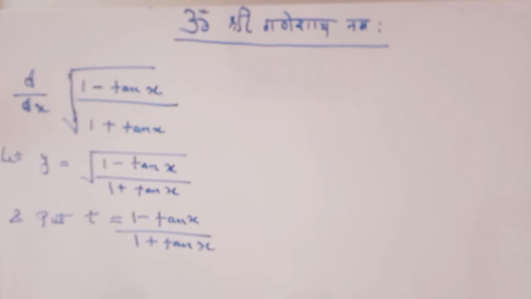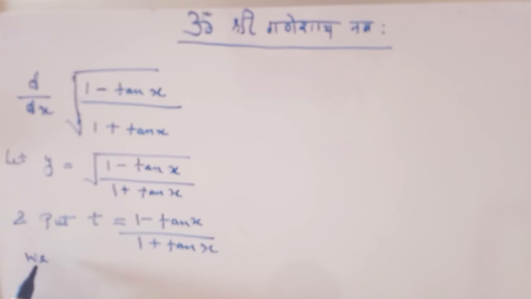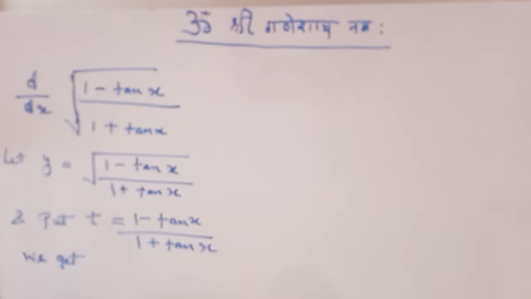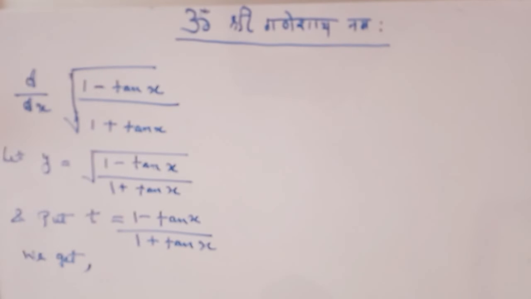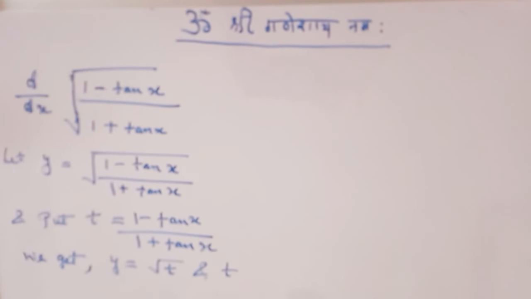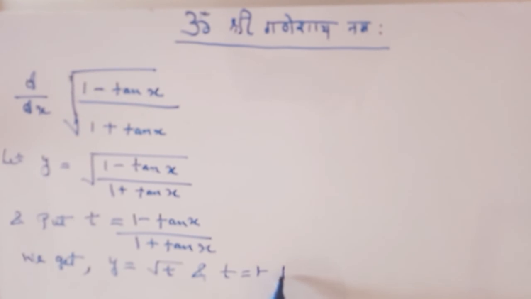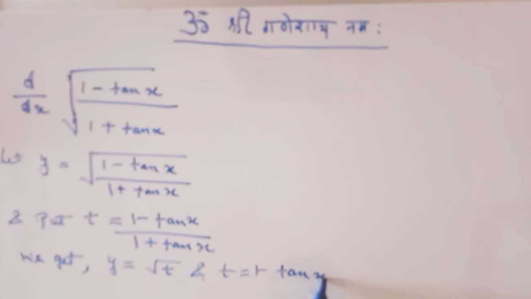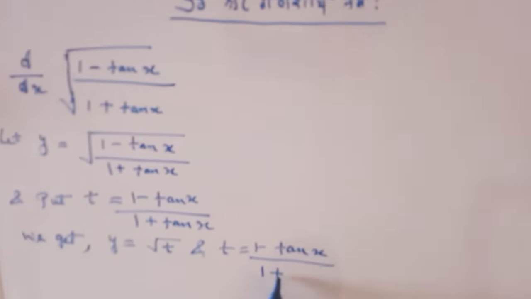Okay, now we will get y is equal to root t, and t is equal to (1 minus 10x) upon (1 plus 10x).